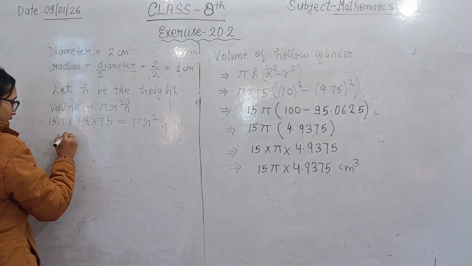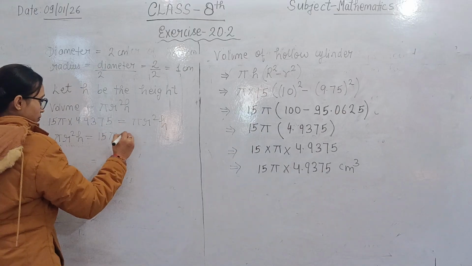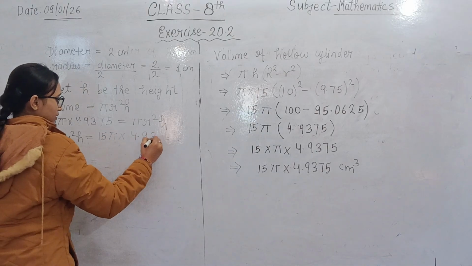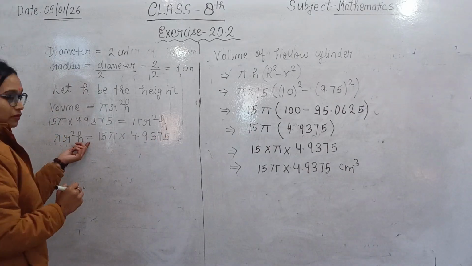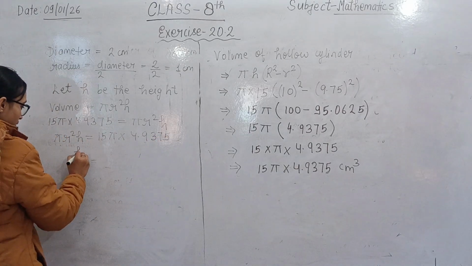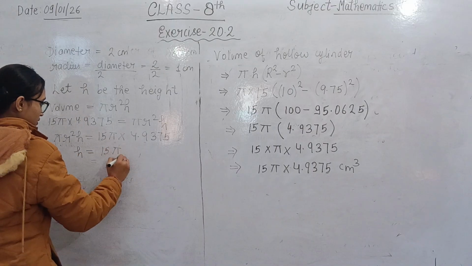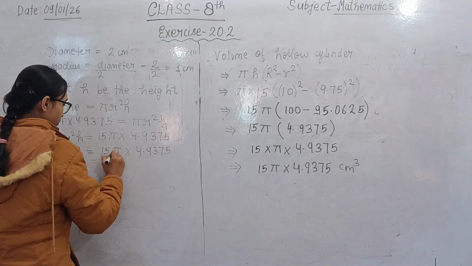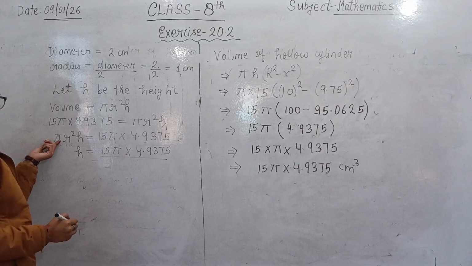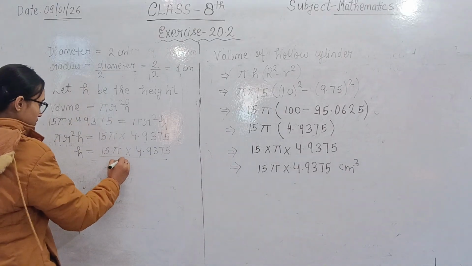We have to calculate the value of h. So h is equal to 15 pi multiplied by 4.9375 upon pi r square. Pi is in multiplication, so when we shift it to the other side, it will be in division.